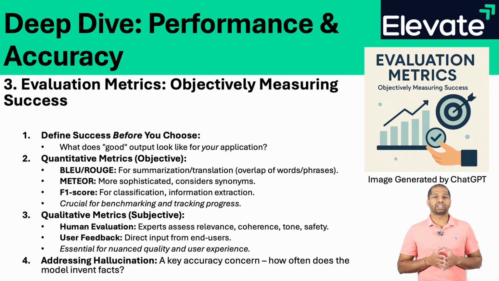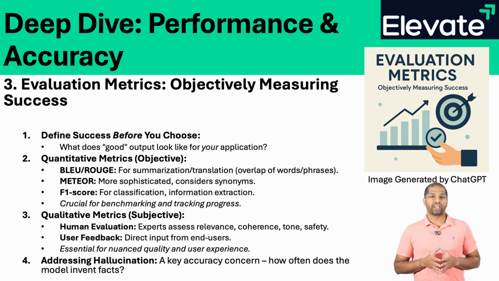However, LLMs are complex and numbers alone don't tell the whole story. This is where qualitative metrics come in. Human evaluation, where experts assess the model's output for relevance, coherence, tone, and safety, is often essential for nuanced quality. Gathering direct user feedback is also invaluable.